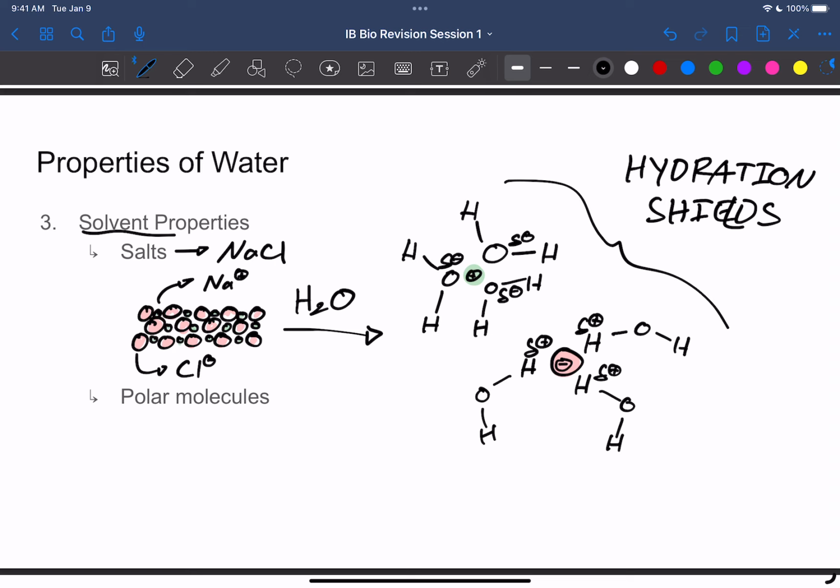Now, the next thing we have is polar molecules. So let's do an example. Let's do glucose again. Glucose has lots of OH groups. And what can these do? Well, these can have strong hydrogen bonding interactions with water.